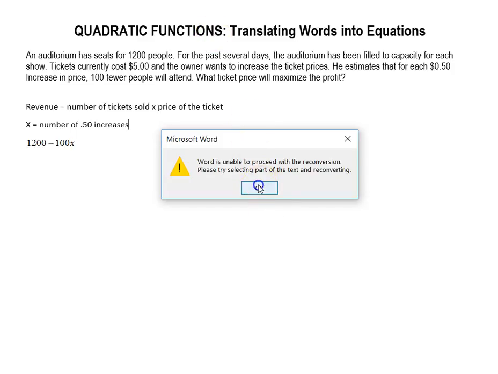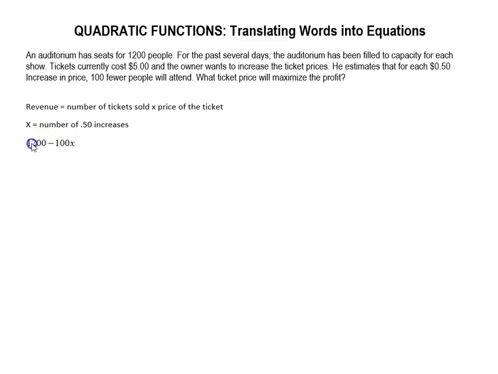All right. So if I look at this expression right here, 1,200 minus 100x, right? So if I have one 50-cent increase, I know that 100 fewer people will actually come. So it's 1,200 minus 100 times whatever the increase is.